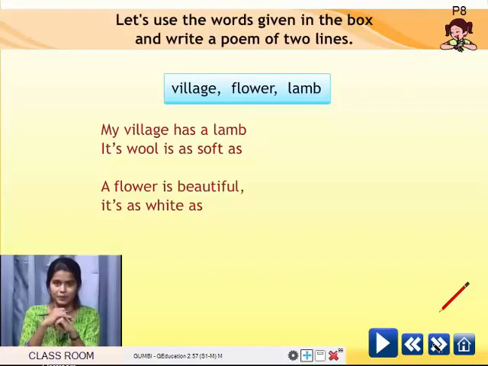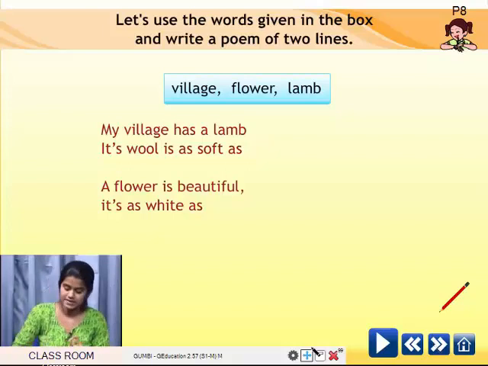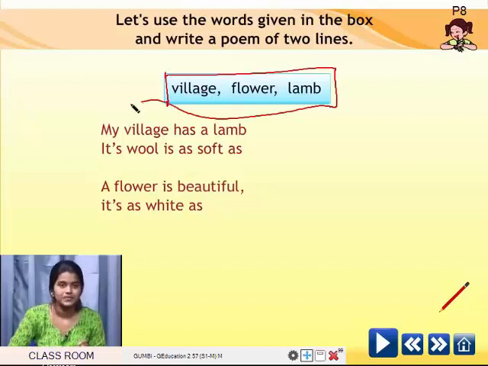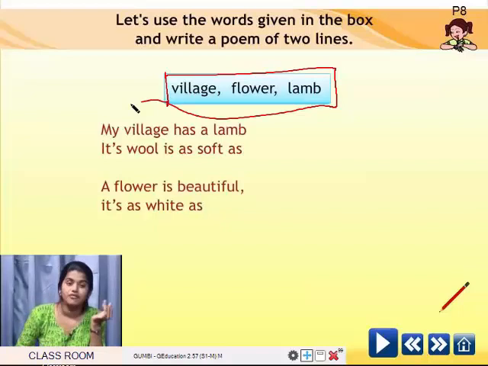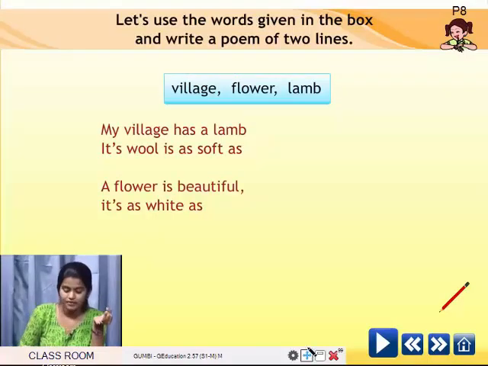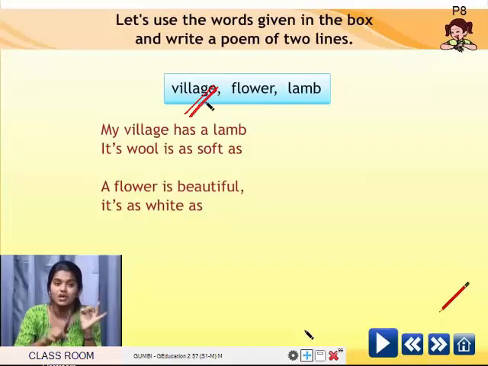So let's do an activity, students. Now you know how to write a poem, right? So let's use the words given in the box and write a poem of 2 lines. That means I have given some words in this box. That is village, flower and lamb. Students, you should not pronounce it as village.